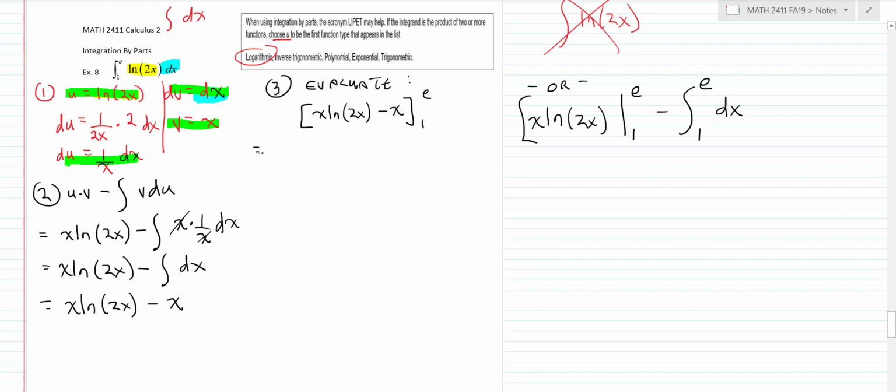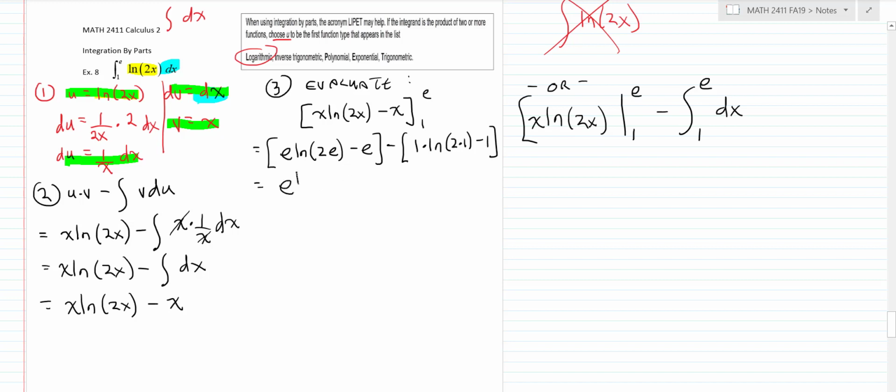Okay, so we just use the fundamental theorem of integral calculus. So plug in the e, so we'll have e ln of 2e minus e, and then subtract, now plug in the 1, so that would be 1 times ln of 2 times 1, minus 1.